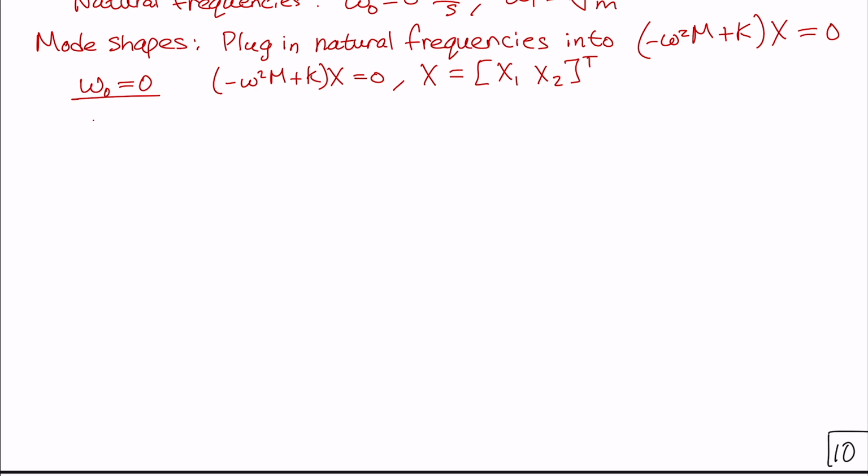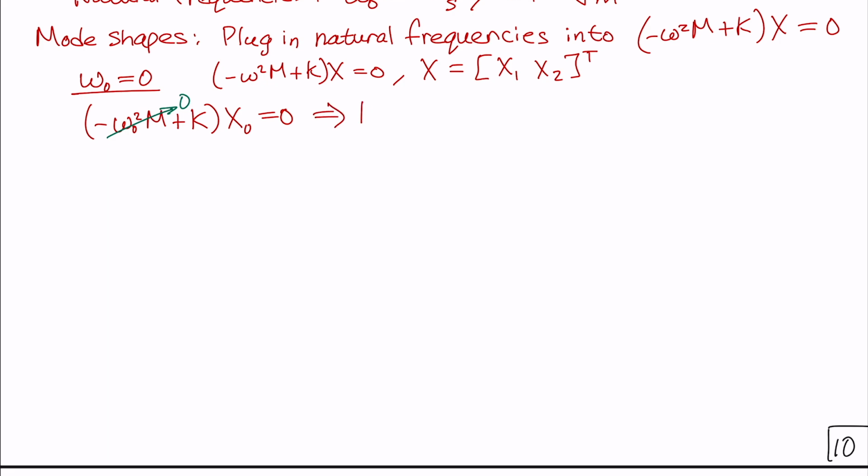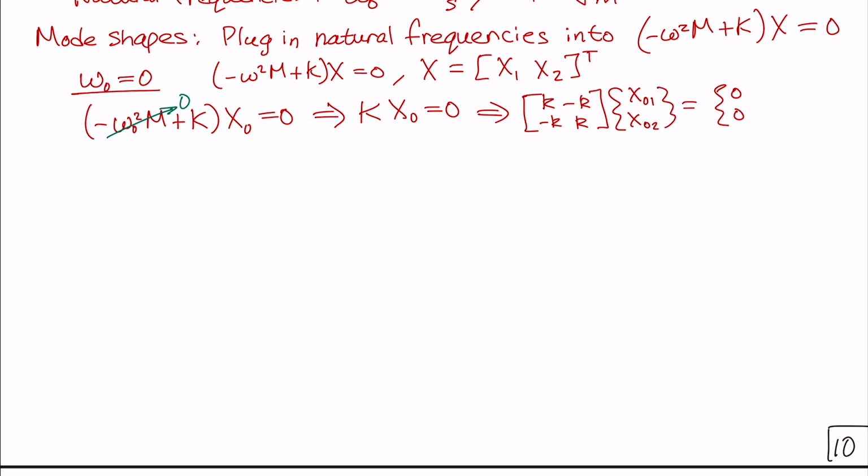We'll substitute this in, and we'll get minus omega 0 squared m plus our k matrix times x0 equal to 0. Omega 0 is equal to 0, so we lose this entire term, such that we get the stiffness matrix times x0 equal to 0. You can expand this: k, minus k, minus k, k times x01, x02 is equal to 0, 0.